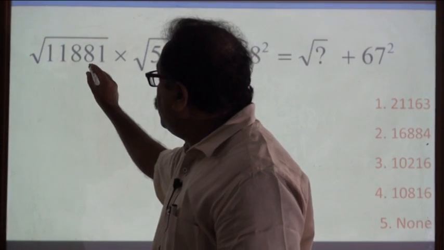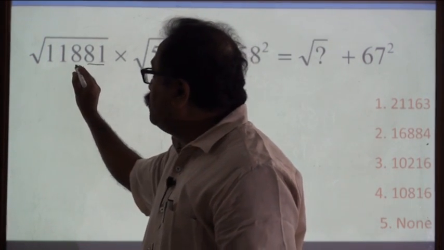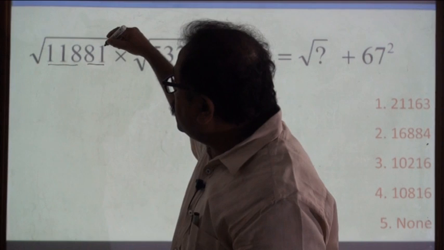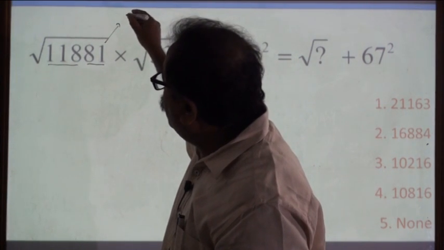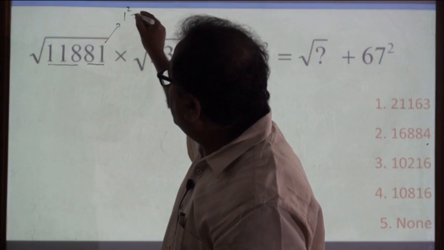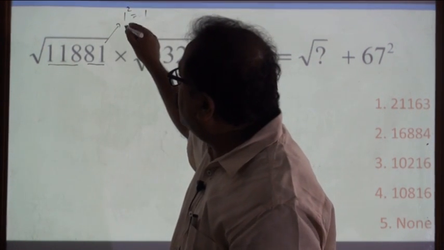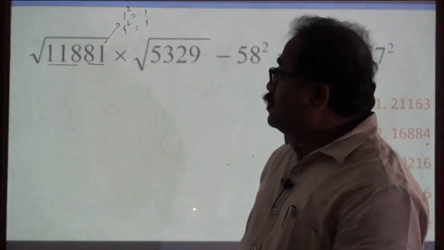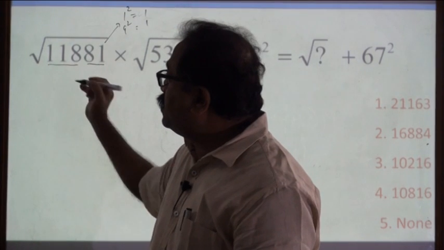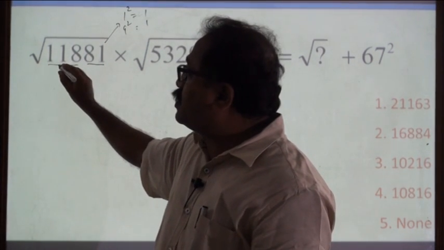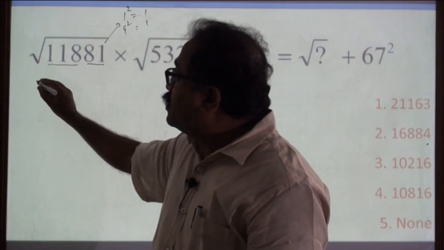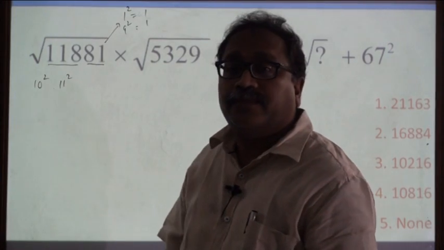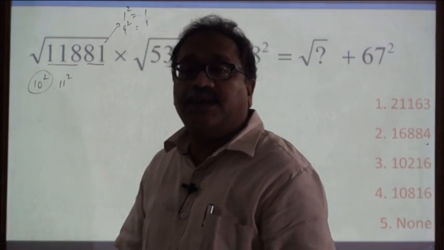So as we discussed earlier, this is one set, and the remaining 2 or 3 digits you make it as one set, and as it is 1, so my unit digit will be either 1 square, that gives 1, or 9, because 9 square gives 1. That depends on 118. So first I will work out on 118, which is greater than 10 square and less than 11 square. So I will take the smaller number, that is 10.